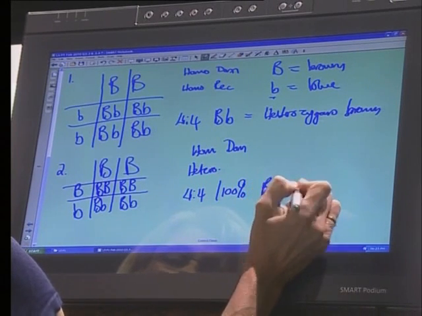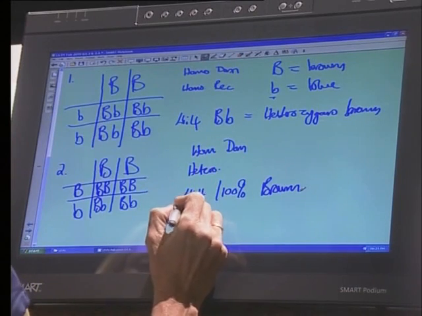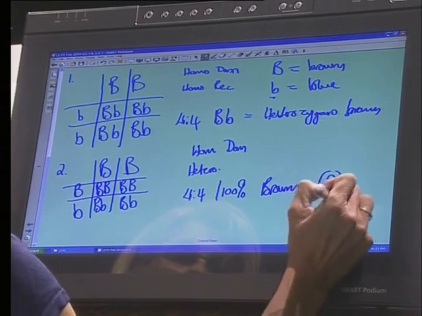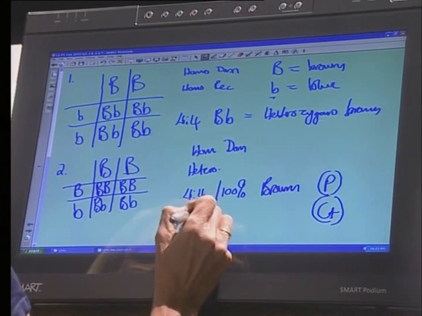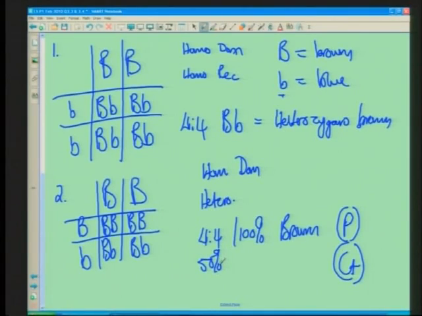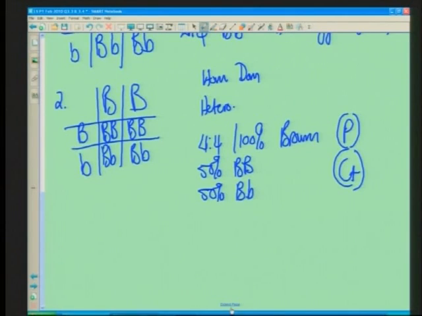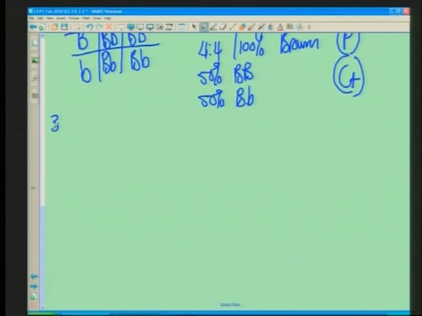That's my phenotype. But for my genotype, what am I going to have? I'm going to have 50% are going to be capital B, capital B, in other words, homozygous brown, and 50% are going to be heterozygous brown, capital B, small b. You with me? Yes, ma'am. Happy? Yes.